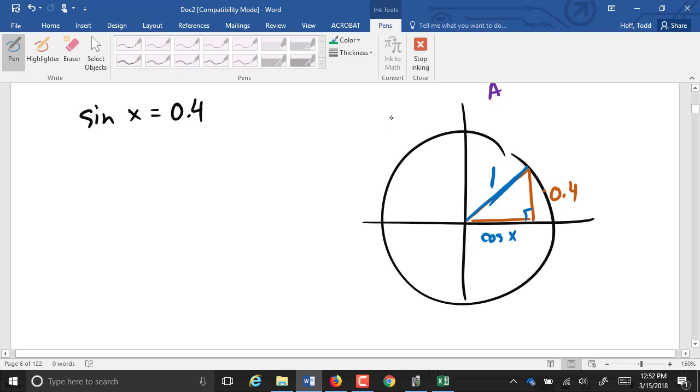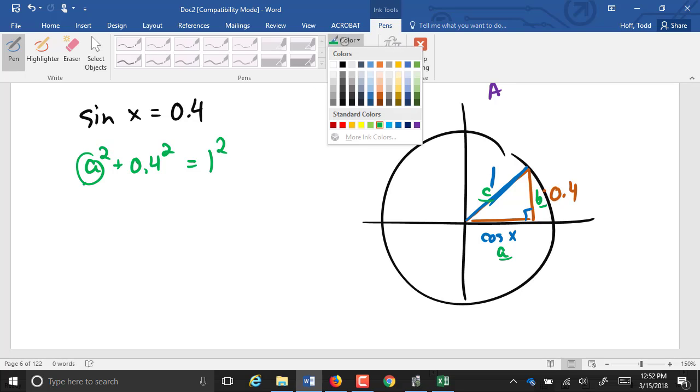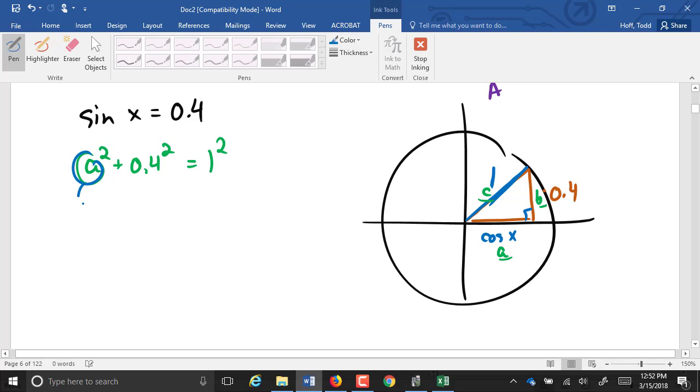If I just label that as A, B, and C like that, I know A squared plus B squared equals C squared, right? So A squared plus 0.4 squared equals 1 squared. You solve for A. Remember, A is the cosine of x. So once you find that value, that is the cosine of x.